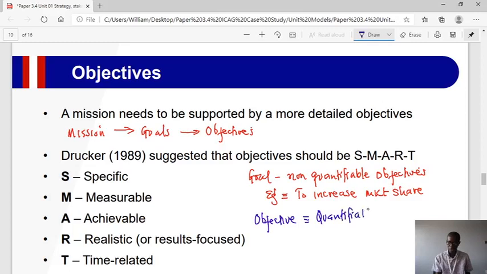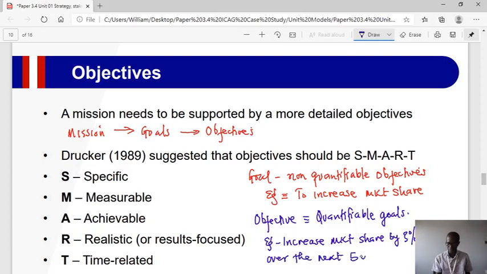Example, increase your market share by 3% per annum over the next 5 years. Now you are more specific.